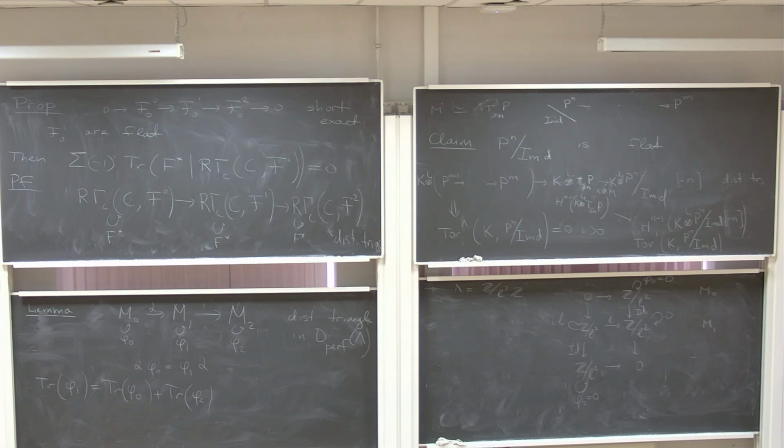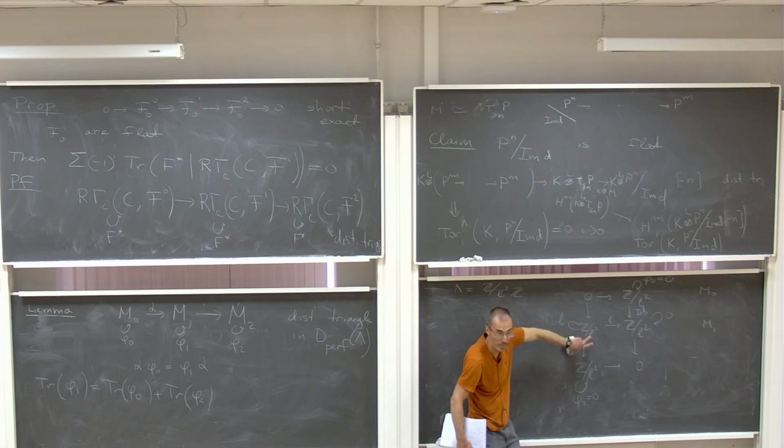Well, it's a commutative diagram in the derived category, right? Of course, you see this identity map does not commute with this: here it's multiplication by L, here it's 0. So it doesn't literally commute.